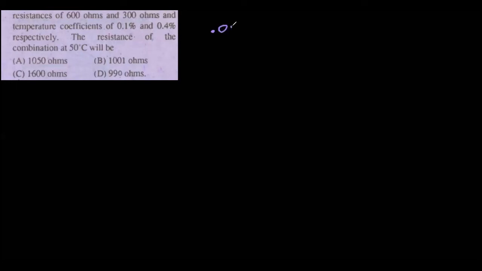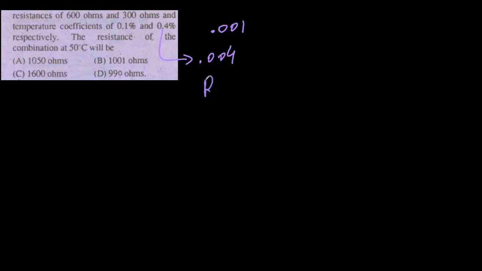So 600, and this is the temperature coefficient that is given to me, in percentage, so actually that will be equal to 0.001, and this will be equal to 0.004. Temperature coefficient is given, and we need to find the resistance at temperature, where the first temperature is 0 degree and the second temperature is 50 degree.